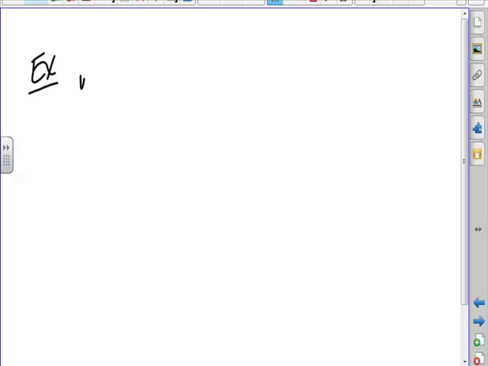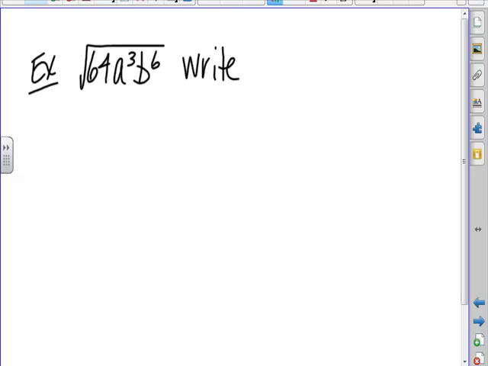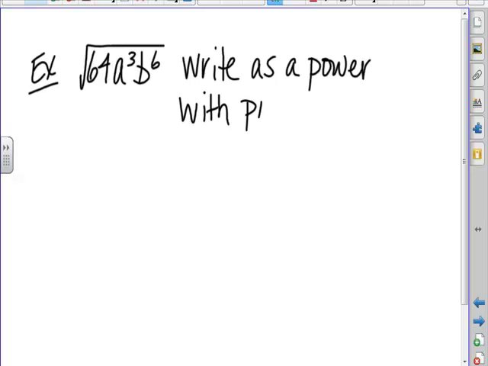Sometimes we may be given something in radical form, say the square root of 64a cubed b to the 6th, and we may be asked to write it as a power with positive exponents. So these next 2 problems are really just about having the ability to go back and forth between fractional exponents and radicals.